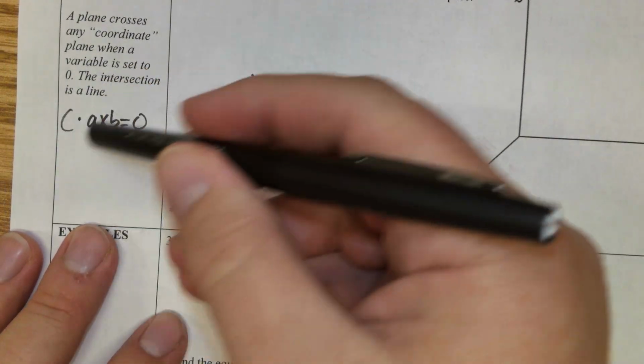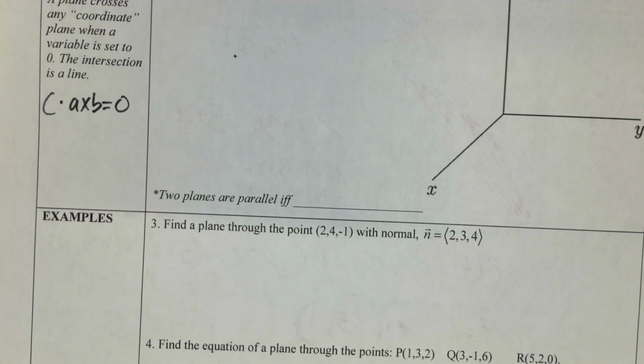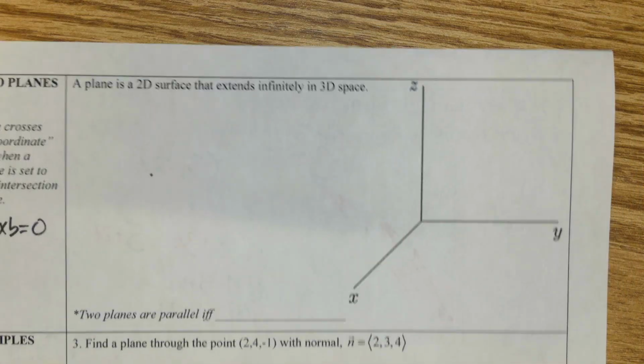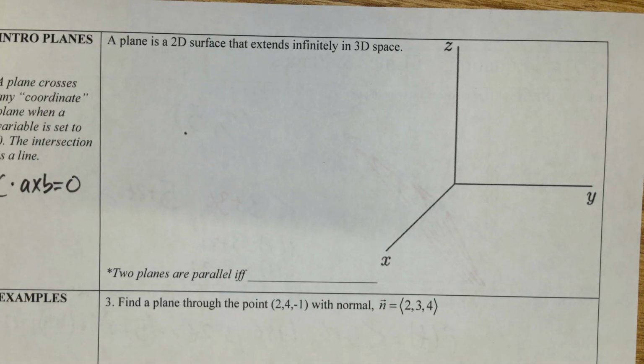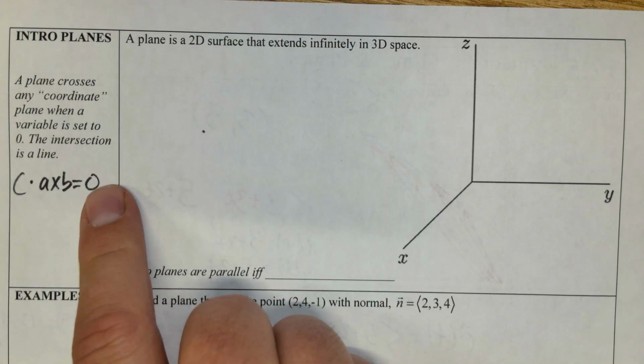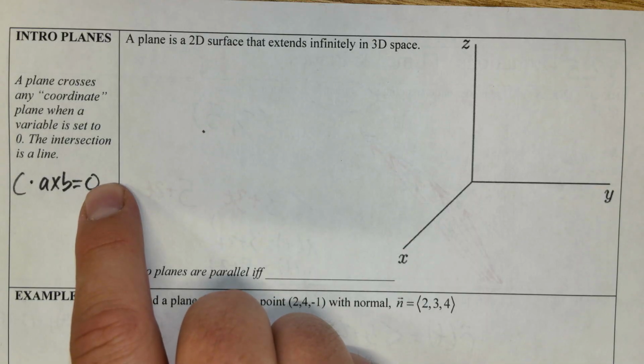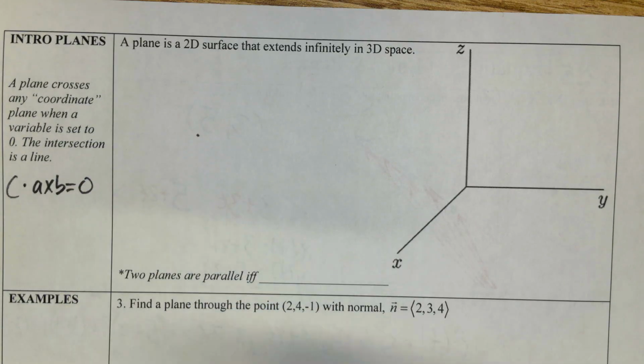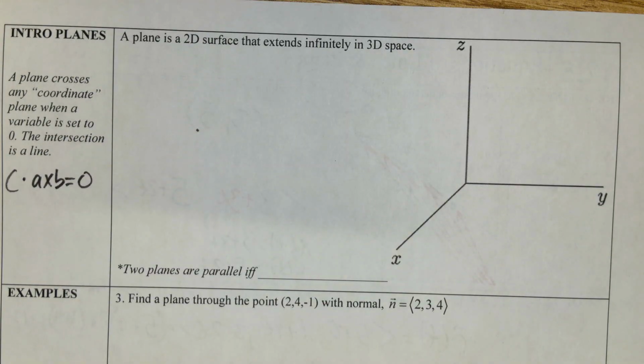Again, remembering, this gives me the volume of the parallelepiped, and if that volume is 0, that means it's flattened, and that means these things are coplanar. It also means if I'm dot producting two things together and getting 0, well, that means that it's perpendicular, because a dot product is a cosine relationship, and if the cosine is 0, that means these things are perpendicular.